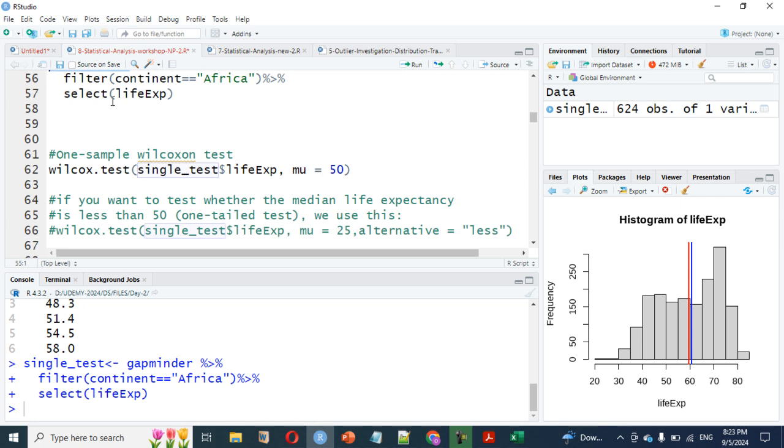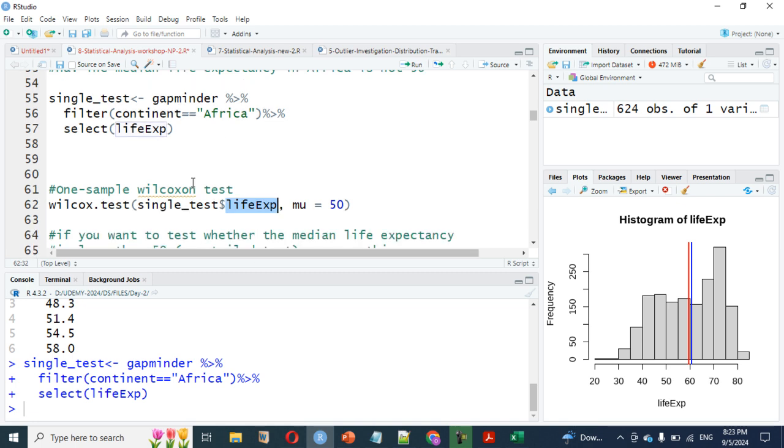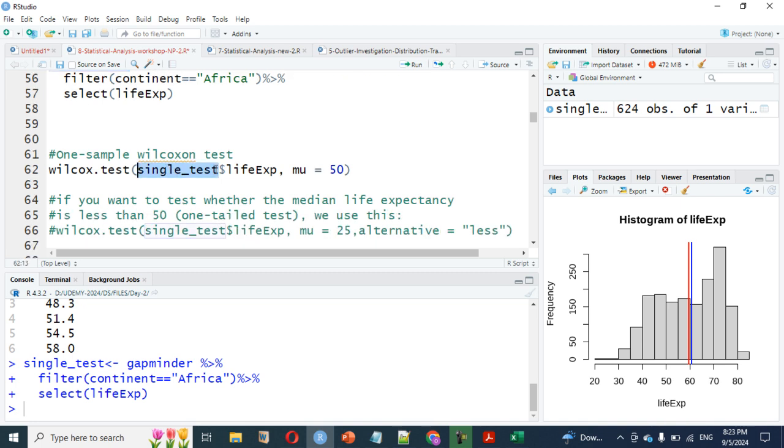So we are going to pass our data set here, with the dollar sign, because we are dealing with a new data set now, not gapminder. If gapminder had supplied life expectancy, it would have been easier, but I don't want to do that because it will be wrong. I just take the data set I newly created and pass it here, dollar life expectancy.